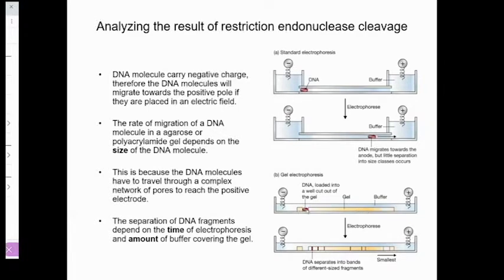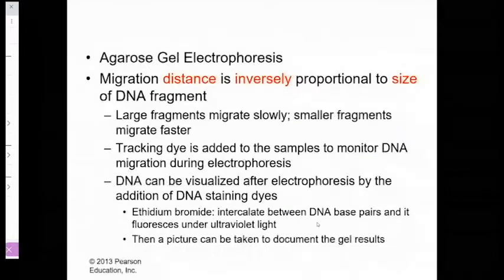And so we'll be able to distinguish the difference between the large DNA molecule and the small DNA molecule. The smallest will run faster, so the distance of travel will be the longest, and the large DNA molecule will travel slowest, so you will have the shortest migration distance.